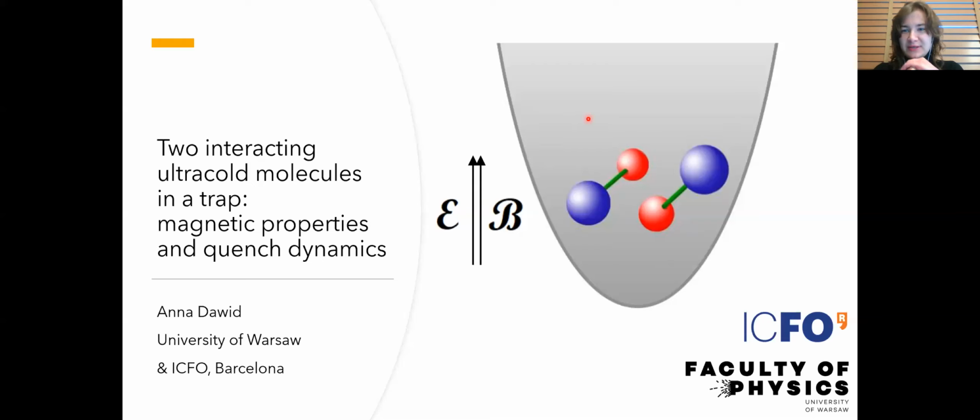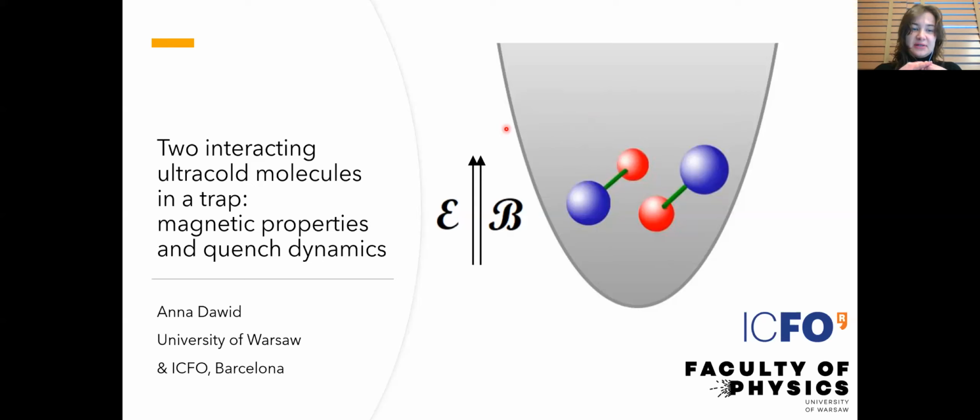My aim for today's talk is to explain the work I did under their supervision, which aims to answer the following question. So, what interesting physics can we gain when putting into a one-dimensional trap two ultracold molecules?